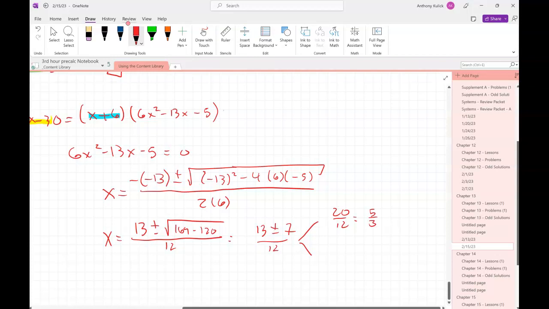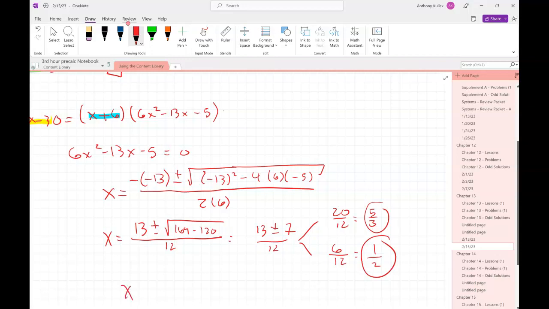And 13 minus 7 is 6/12, which reduces down to 1/2. So those are my other two solutions. So those are our solutions. Yep.